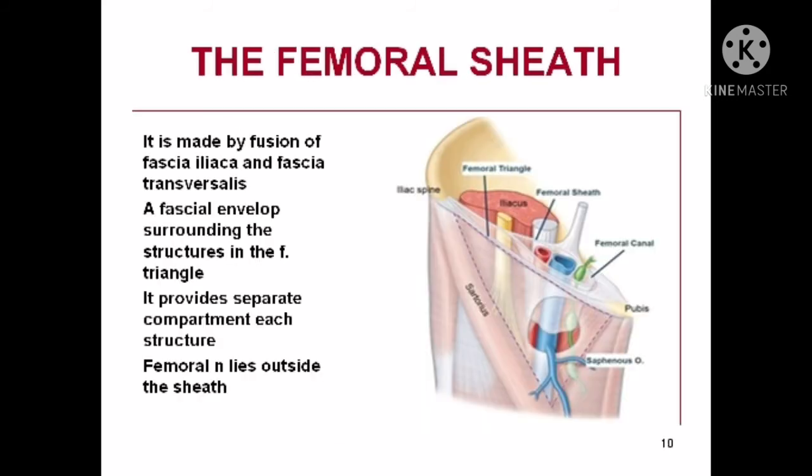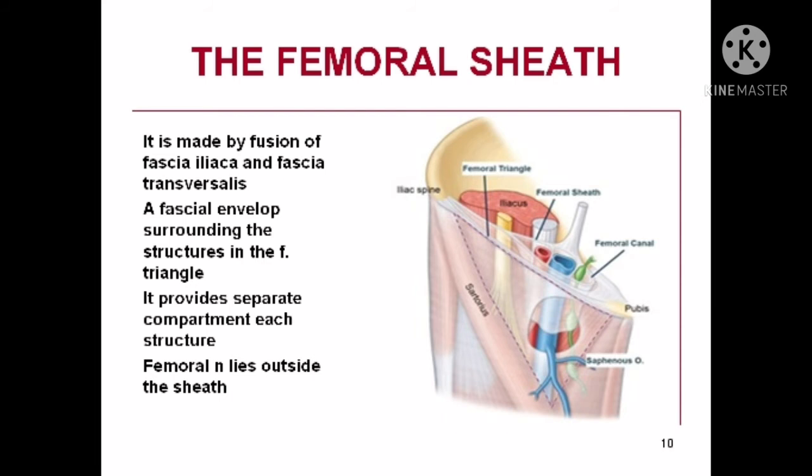The femoral sheath is made by fusion of the fascia iliaca behind and the fascia transversalis in front. It is a fascial envelope surrounding the structures in the femoral triangle, just behind the inguinal ligament. It provides a separate compartment for each structure to pass in.